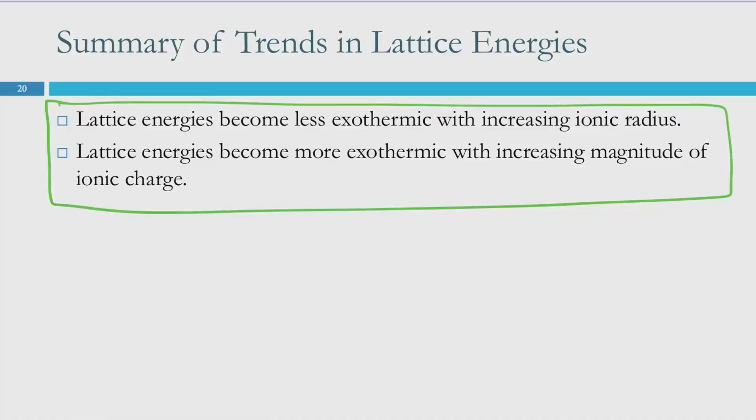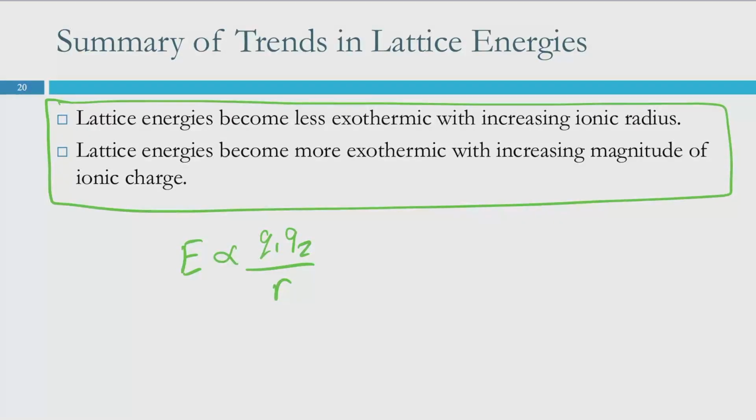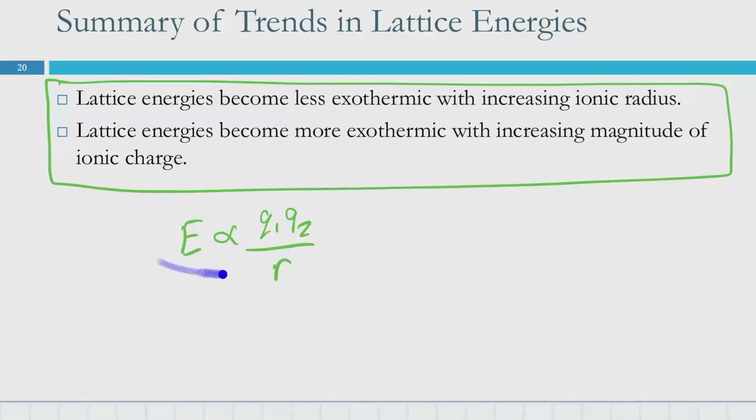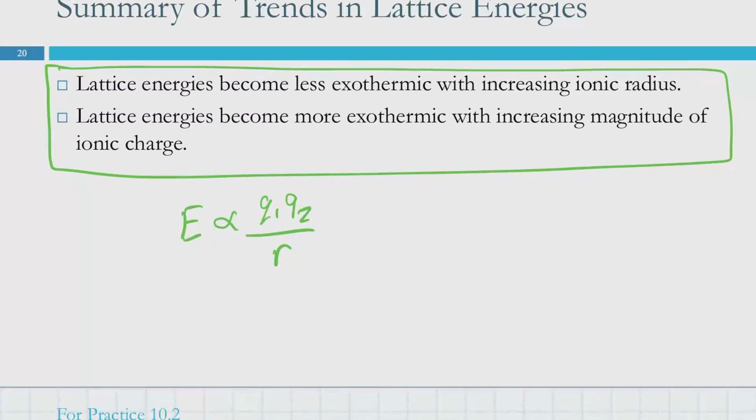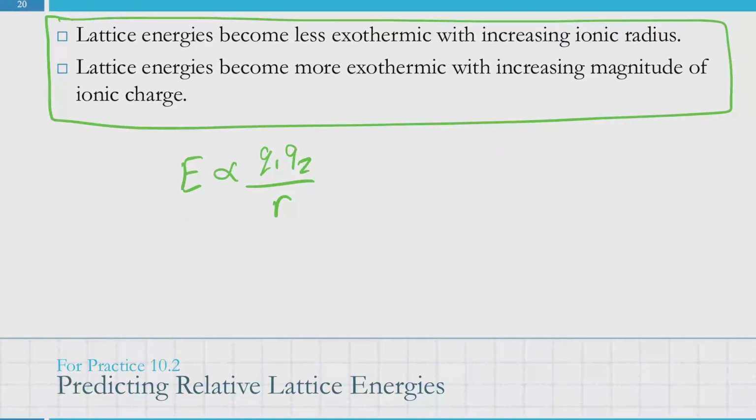This is all because energy is proportional to Q1, Q2 over R. I would expect that you'll probably get Coulomb's law for the relevant exam that covers lattice energies. So you could figure it out, you could work it out, but I would recommend a little bit of flashcard time probably thinking about lattice energies. What's the trends? Maybe do some extra problems from the book.